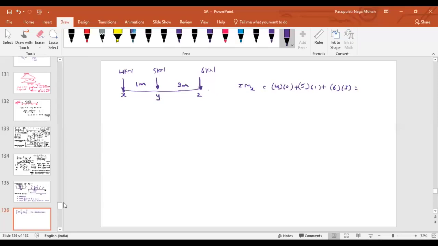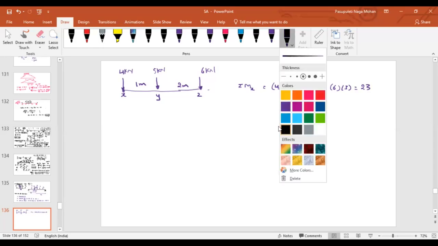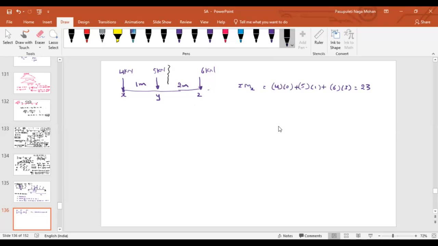5 plus 18, 23. This is nothing but the resultant moment due to applied forces, right? Now let us imagine that your resultant is falling somewhere here, at a distance of capital X from X. Now what about the moment at point X due to the resultant?